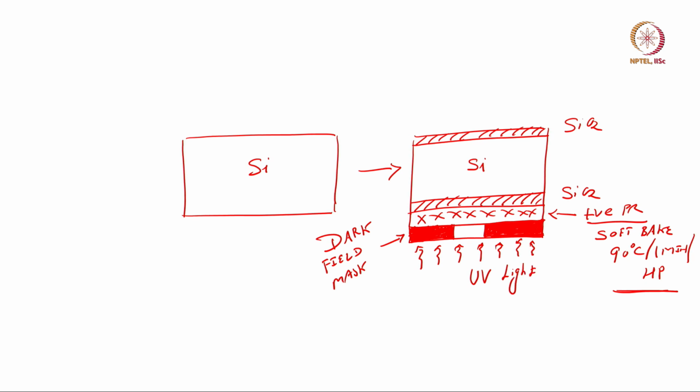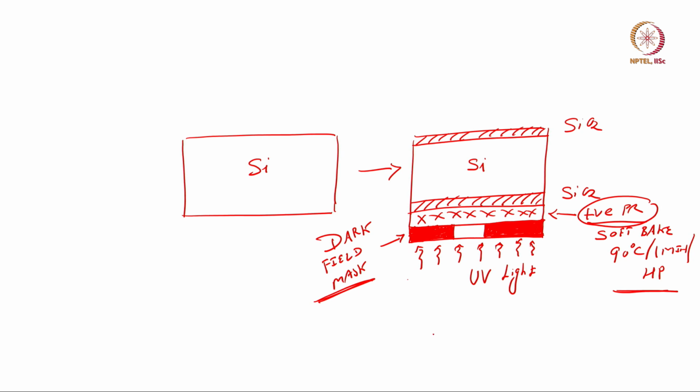After you expose in UV light, what we have learned in lithography is that whatever the pattern is on the mask, the same pattern will come onto the wafer if we go for positive photoresist, or the exposed area will be weaker and the unexposed area will be stronger. Different ways of writing the same thing. The easiest way is, whatever features are there on the mask, the same features will get onto the wafer if we go for positive photoresist.